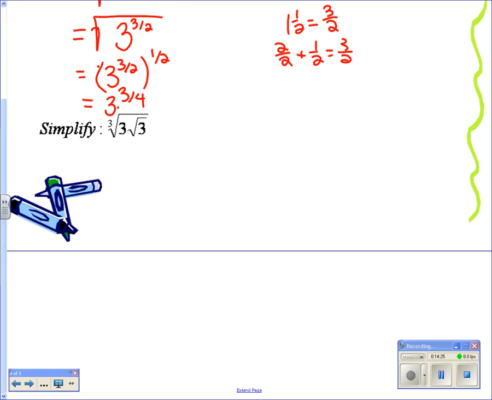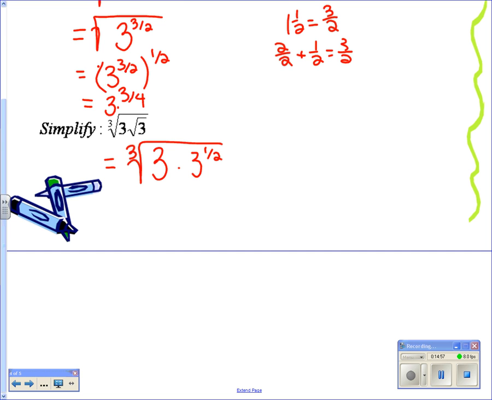You always start with the inside. We'll get there. You keep the outer radical the same. Instead of the square root of 3, what do I write? It's what? 3 to the 1/2. Does that make sense?